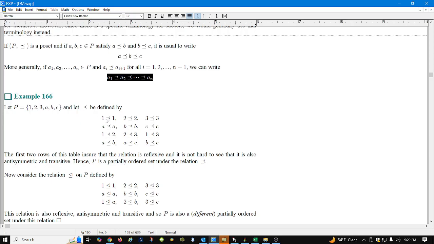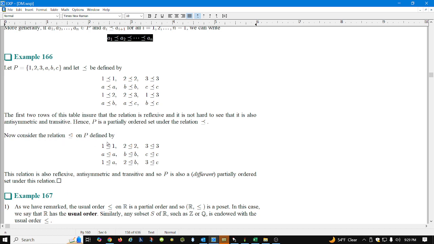The first 2 rows ensure that this relation is reflexive. 1 less than or equal to 1, and so on, up to C less than or equal to C. And I'm going to leave it to you to check anti-symmetry and transitivity. It's a little work, but not serious. And so this is a partially ordered set under this particular relation. I'm not claiming this is useful, but it's just an example.